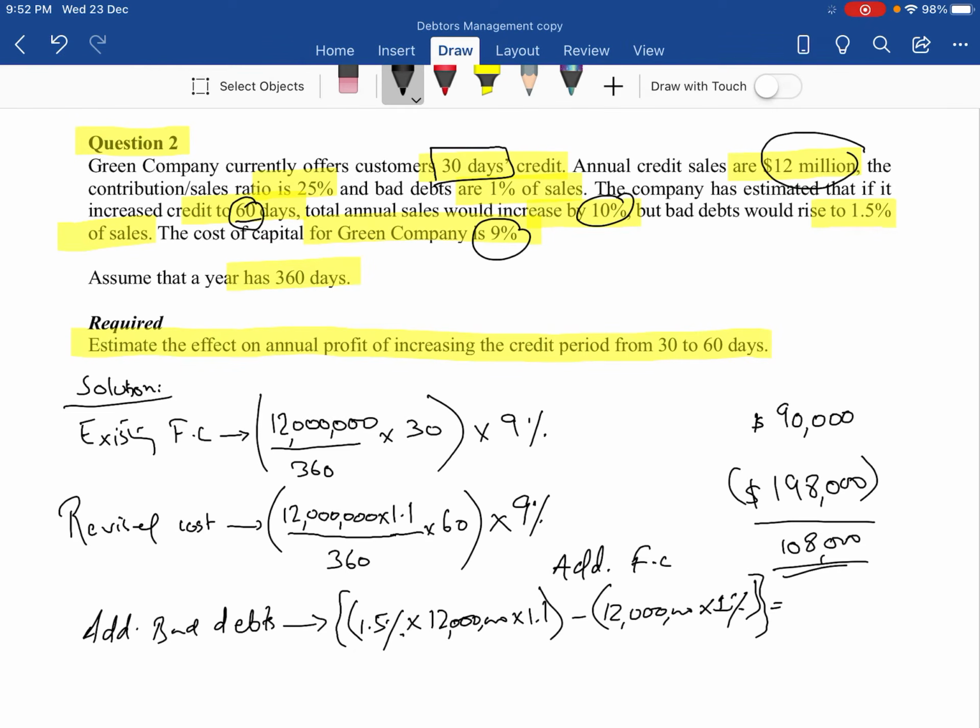So let us do it. The additional bad debts cost is $78,000.